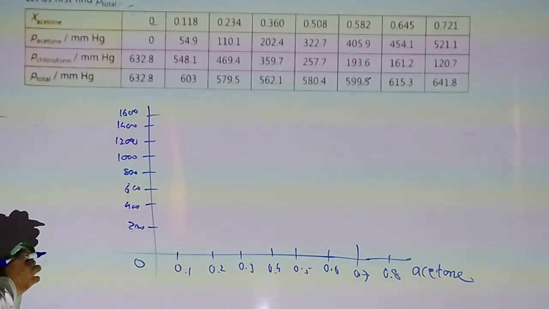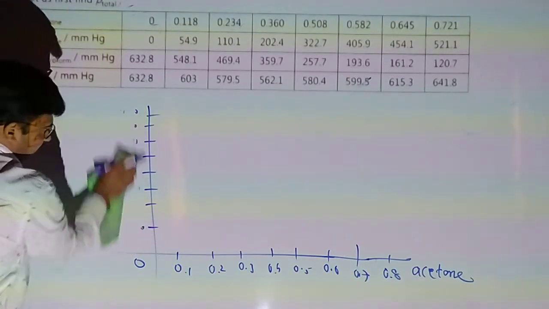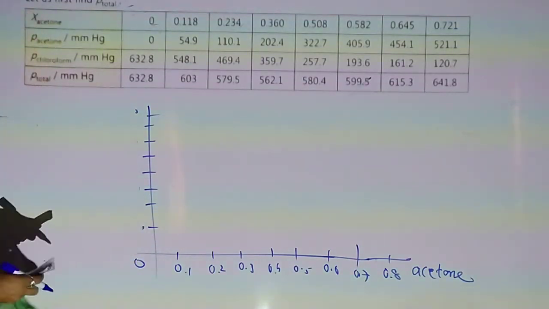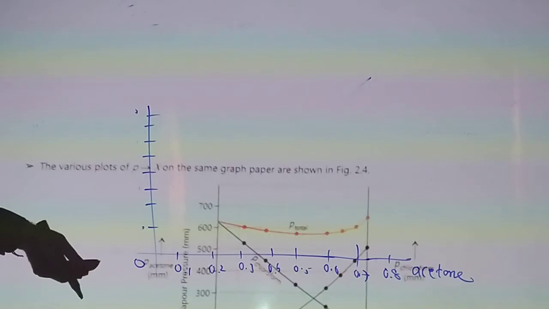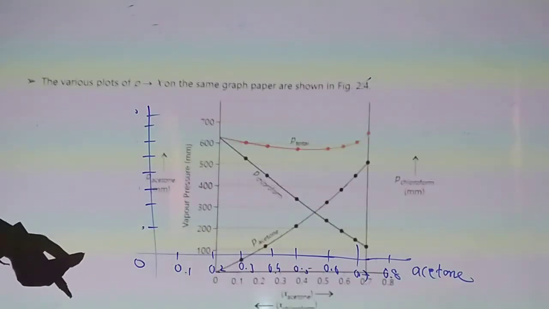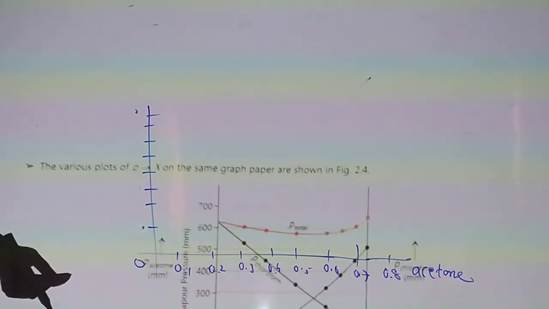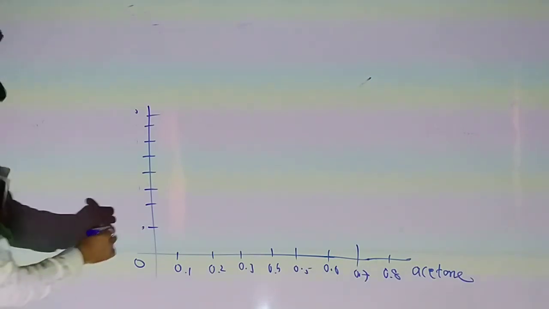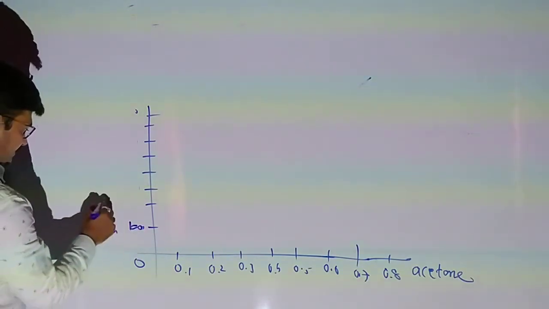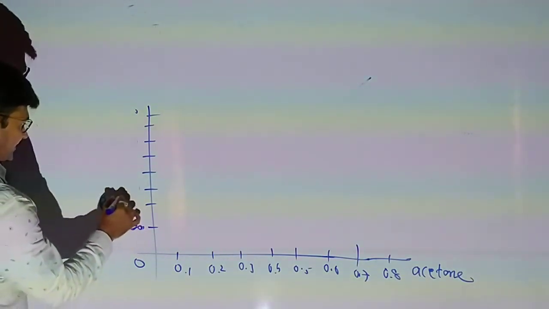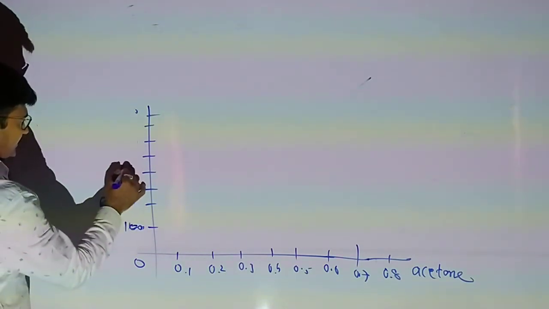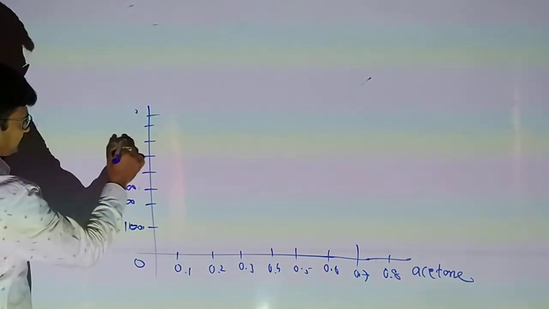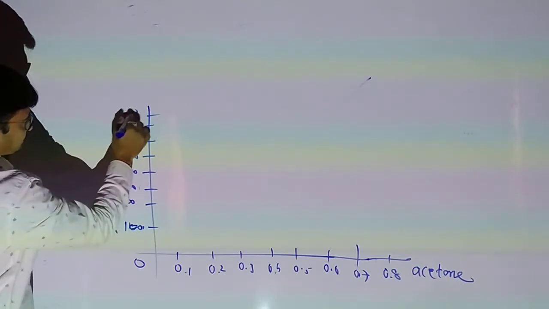But no, here 100, sorry, 50-50. 100 millimeter pressure here, then 200, 300, 400, 500, 600, 700 and 800.